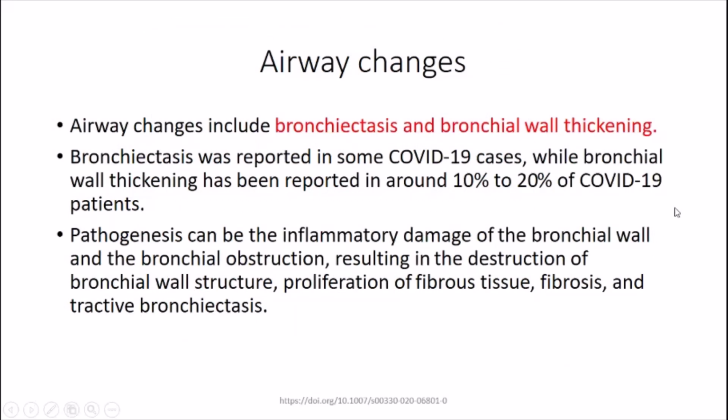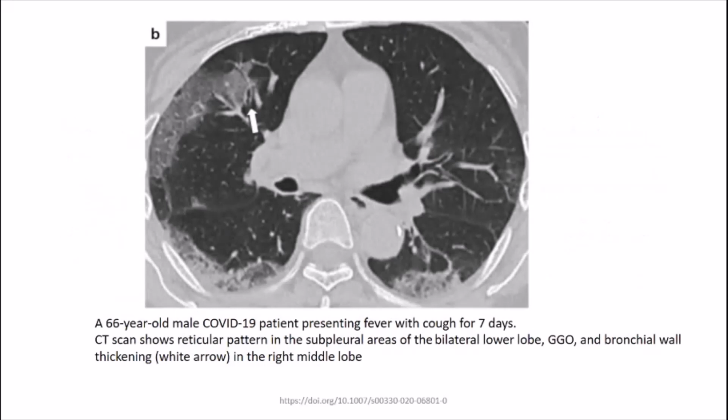Airway changes, what we mean here is bronchiectasis and bronchial wall thickening. It was reported in around 10 to 20% of COVID-19 patients. This is a 66-year-old male COVID-19 patient presenting with fever and cough for 7 days.